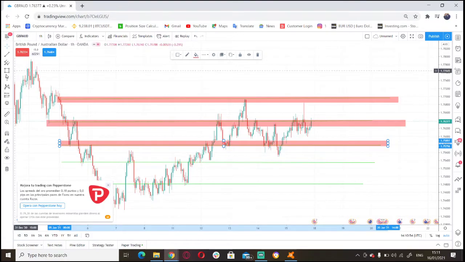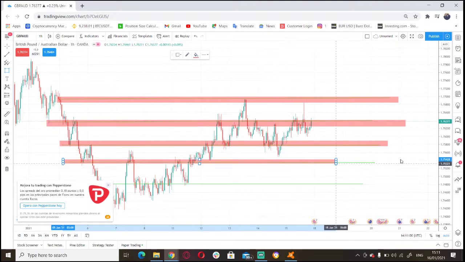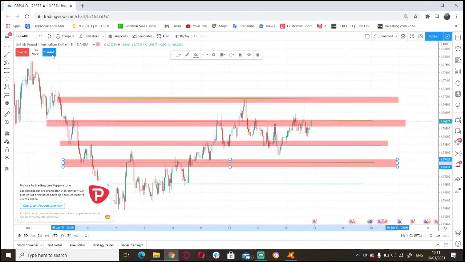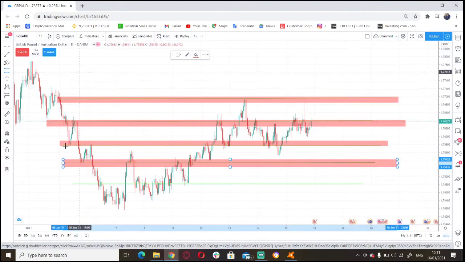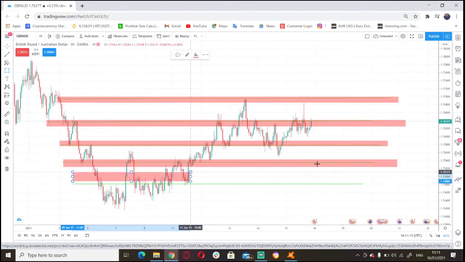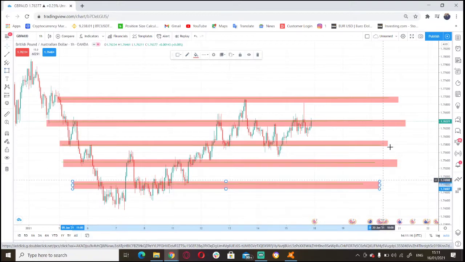We know that's a zone. We know that's another zone. And our final zone will be here. So now you can see how much our chart has changed, and now it's giving you a more accurate depiction of what you'd be doing during a live market and how you'd be trading through your support and resistance.